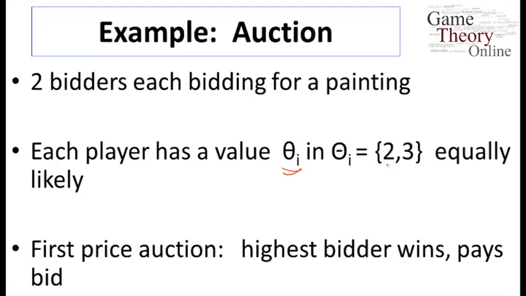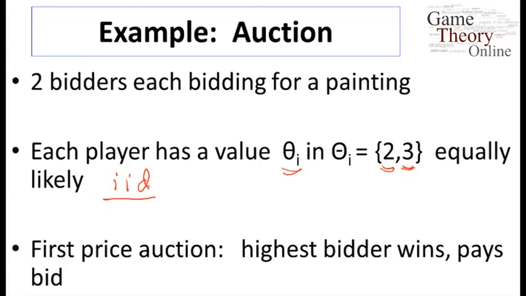So let's keep things simple. Let's suppose that they have a value of either 2 or 3, say dollars or thousands or millions, whatever you like. So they either value the painting at 2 or 3, with equal likelihood. So there's a half probability that they wake up and think the painting's worth 2, half probability that they wake up and the painting's worth 3, and we'll think of this as IID.